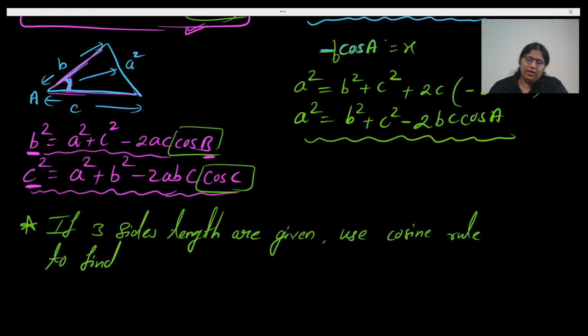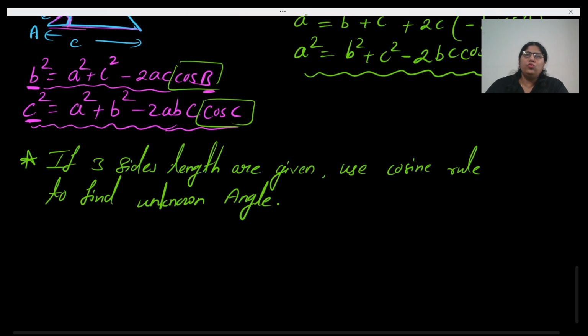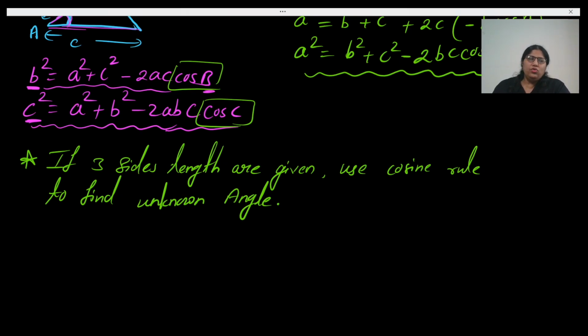Whenever an unknown angle is there, based on whichever angle is unknown, you can use this rule, because you just need to do the transposition here.